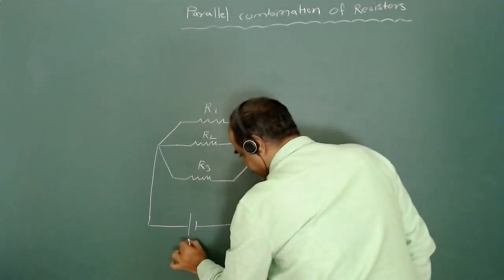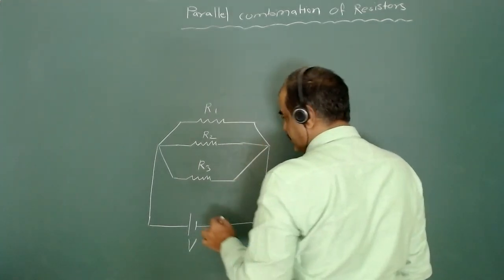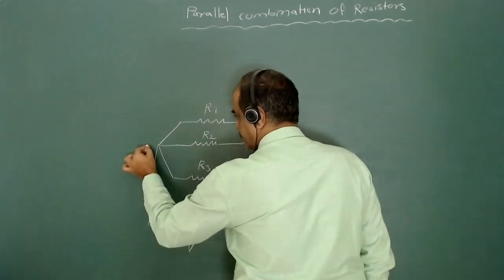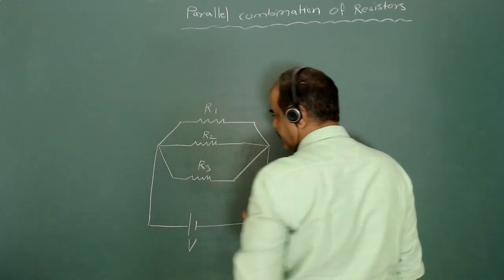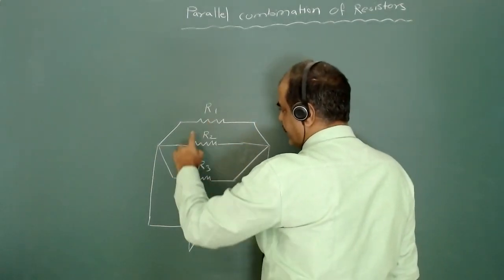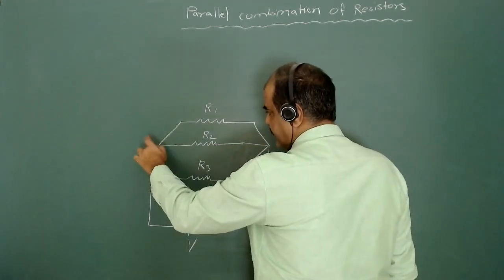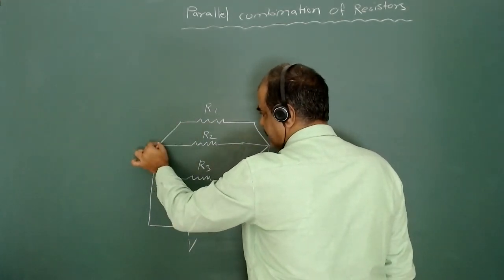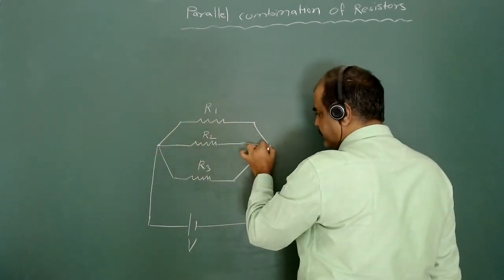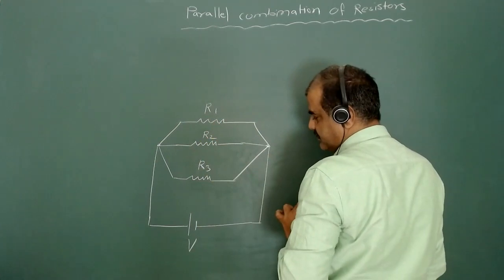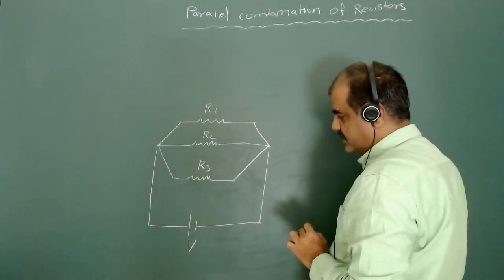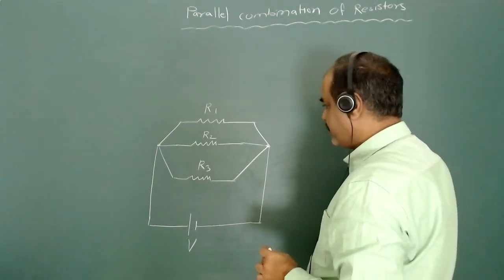For example, if I apply voltage V across these two terminals, the voltage drop will be V. These resistors are connected such that their heads are connected to each other, and similarly their tails are connected to each other at the other end.